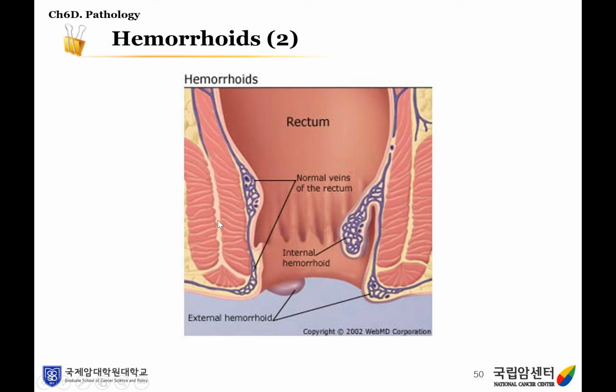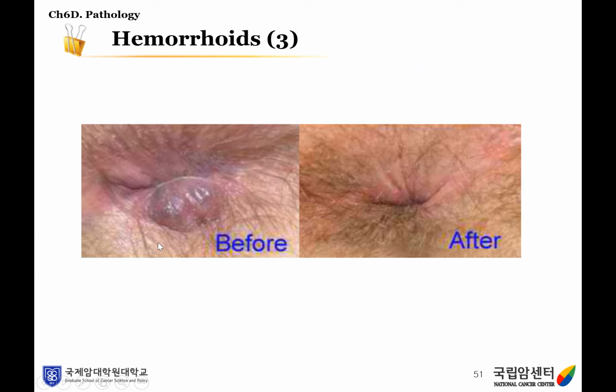Here, you can see the internal hemorrhoids, like this, and the external hemorrhoids at the anal area. Here, you can see the hemorrhoids before the treatment, and also the hemorrhoids after the treatment.